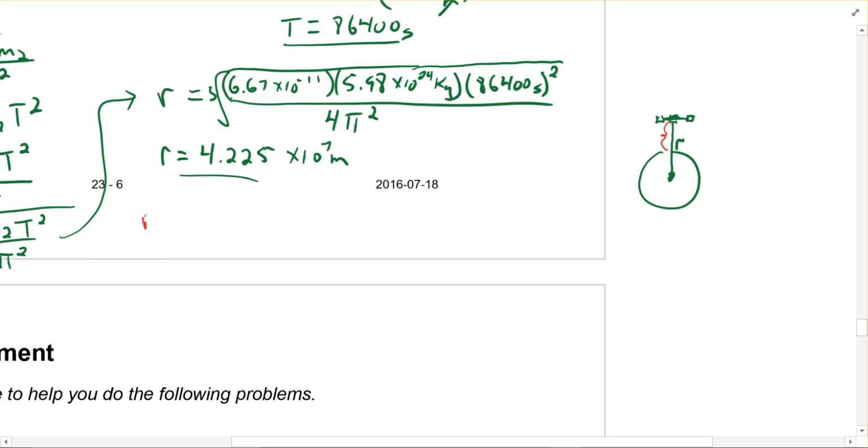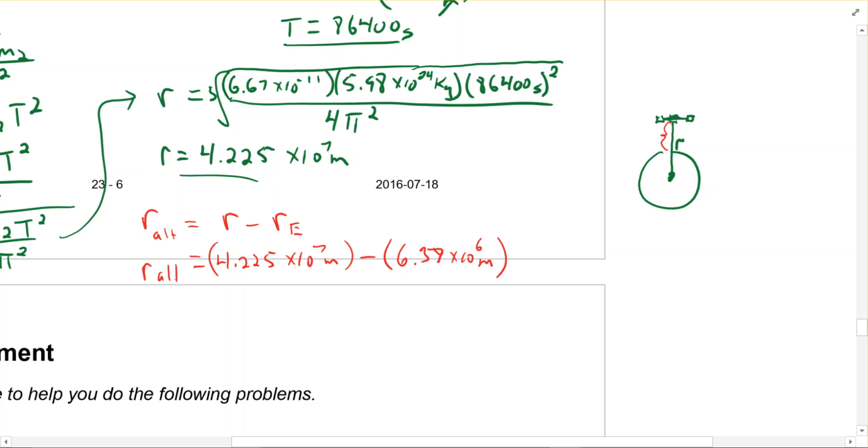So we could say our altitude, let's say ALT, is going to be equal to R, what we just found, minus the radius of the Earth. So that's going to be 4.225 times 10 to the 7 meters minus 6.37 times 10 to the 6 meters.